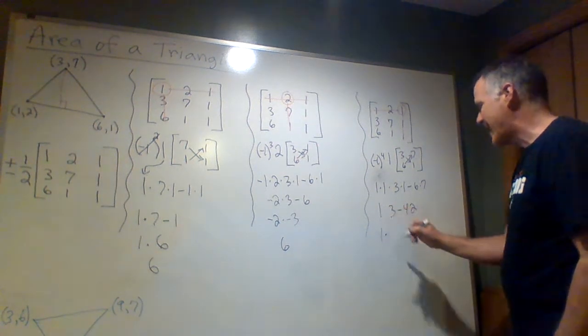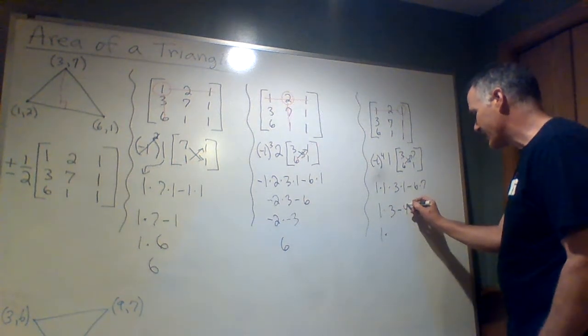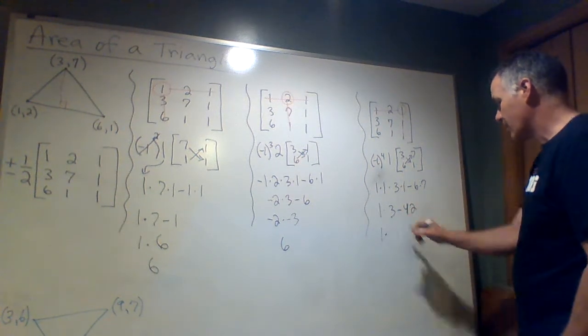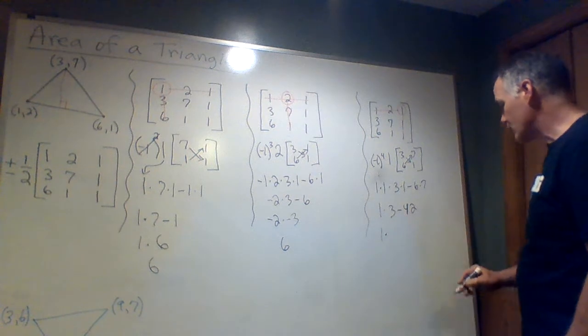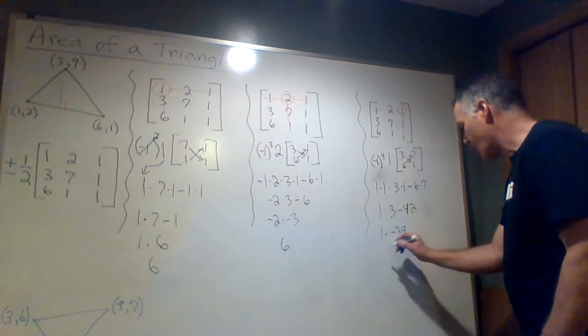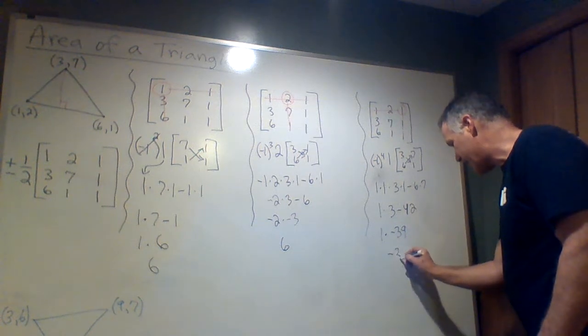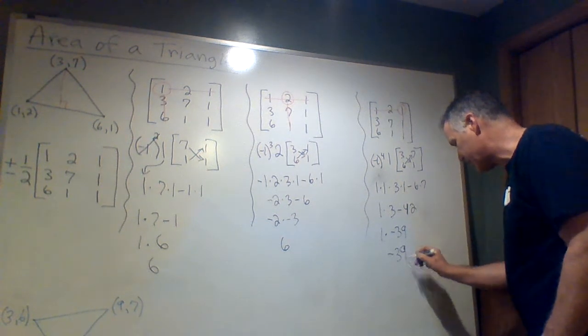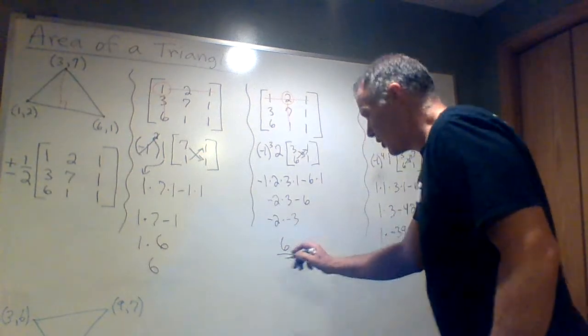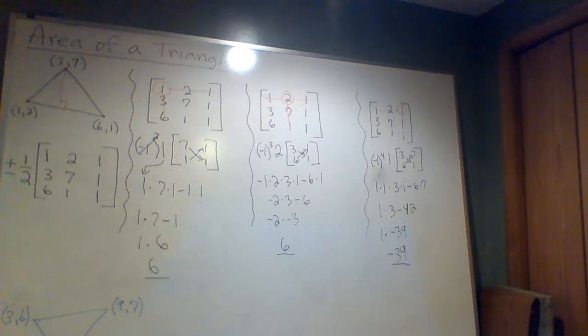This 1 has to stay in front until I minus. I know that's not order of operations, but remember, you're going to finish the determinant right here. 3 minus 42 is a negative 39. 1 times negative 39 stays negative 39. We're almost finished. We're going to take these three numbers and combine them.